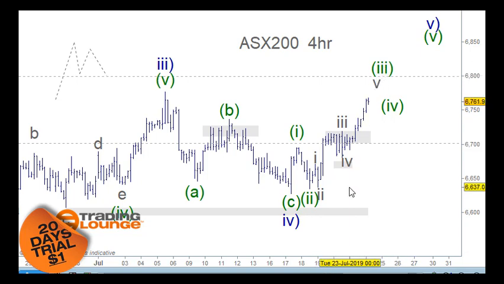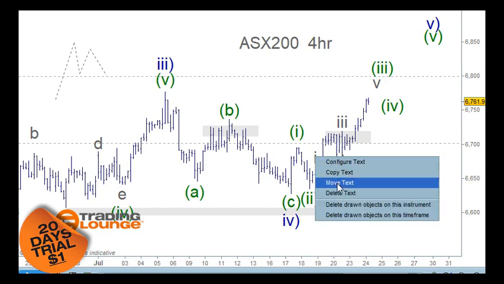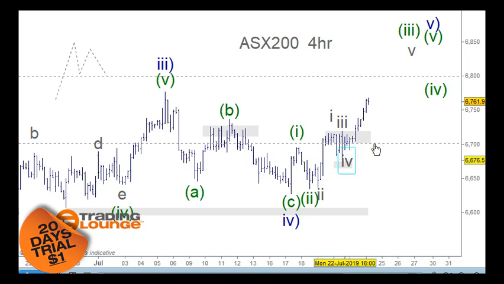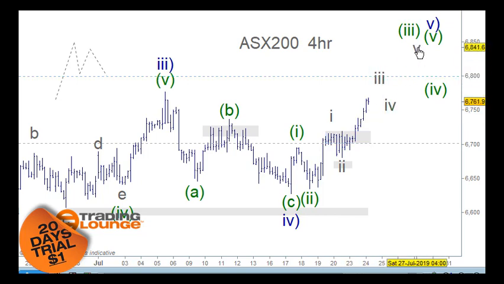But I think that will expand out a bit further than that. This is how I've got it on the hourly chart here, but just looking at it visually, I think it will be more like this here, with a 1 and 2 here and a third wave coming into play here, with a 4th wave and a 5th wave up here for wave 3, sending wave 5 higher here with wave 4 here.